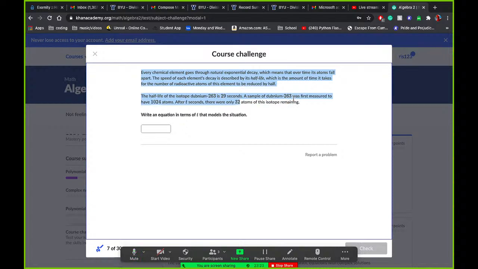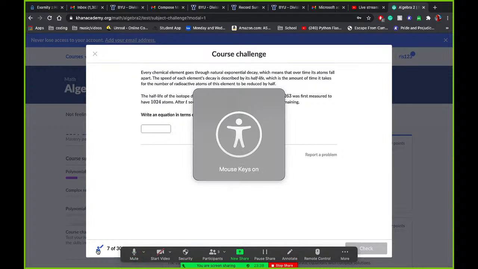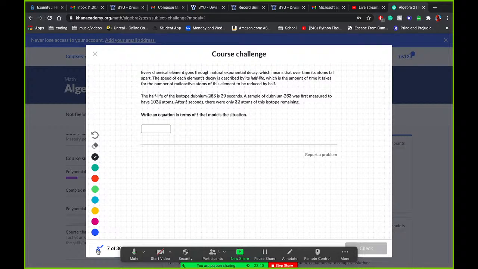I'm confused about this question. I just don't get it. Okay, so Siddharth, do you know how to do this? No. Okay, so let's solve this together. The half-life of isotope dubnium is 29 seconds. We know that.